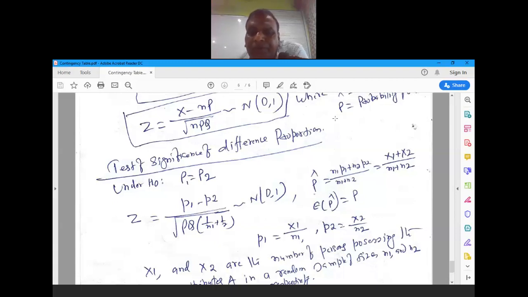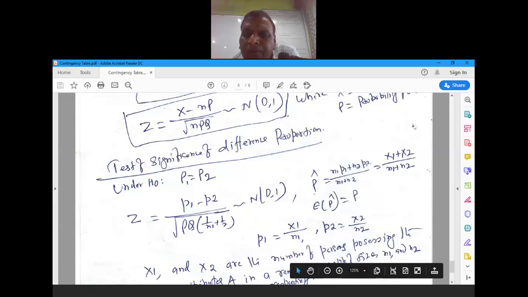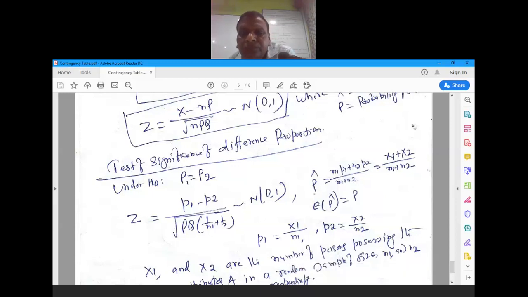Here P is estimated by N1 into P1 plus N2 into P2 divided by N1 plus N2, which is equal to X1 plus X2 divided by N1 plus N2.